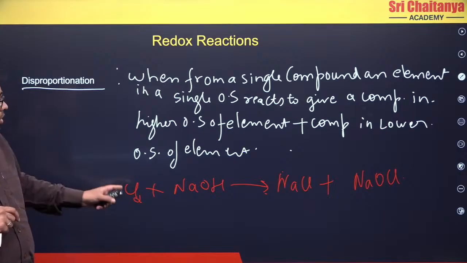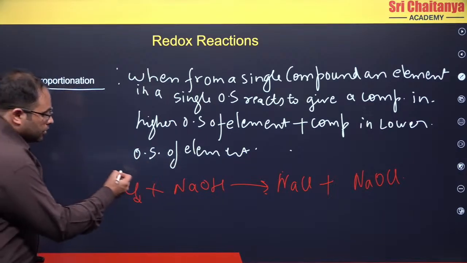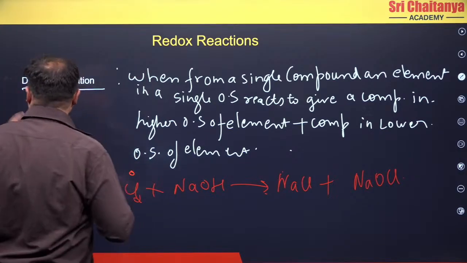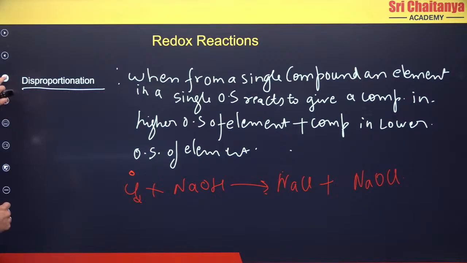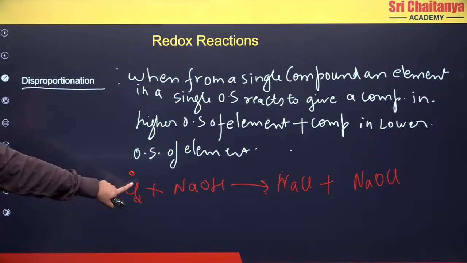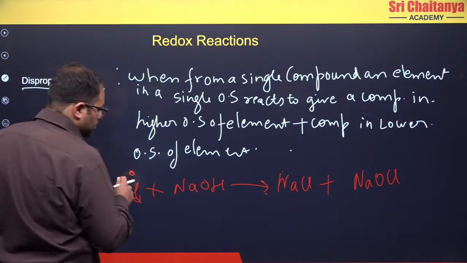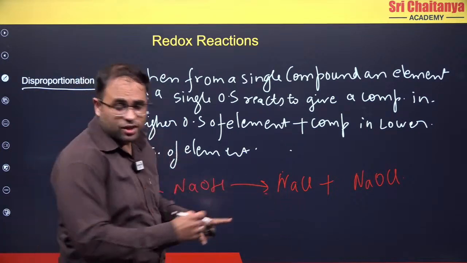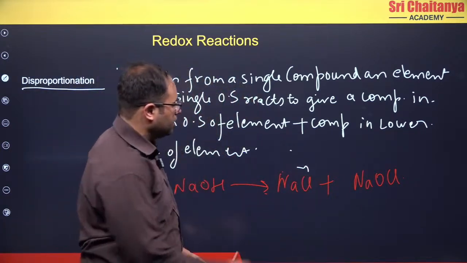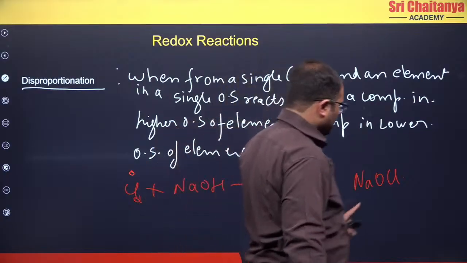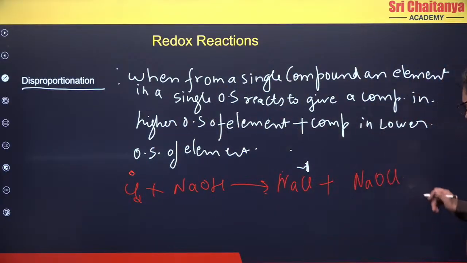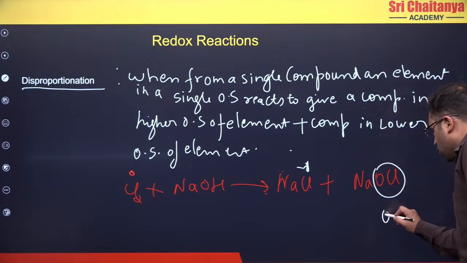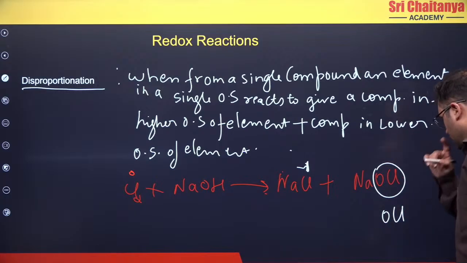Right. So in this one, this will be having a zero oxidation state, right? So here it has -1 charge, so -1 oxidation state. Here this is OCl, right?